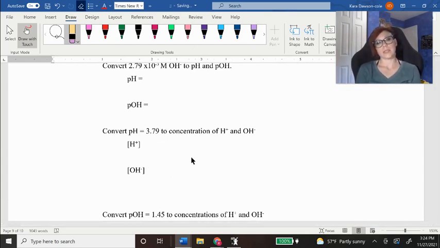So with 3.79, I can take my pH and do my anti-log of my pH. So 10 raised to the negative pH is equal to my H plus concentration. So then I'm just going to do 10 raised to the negative 3.79.